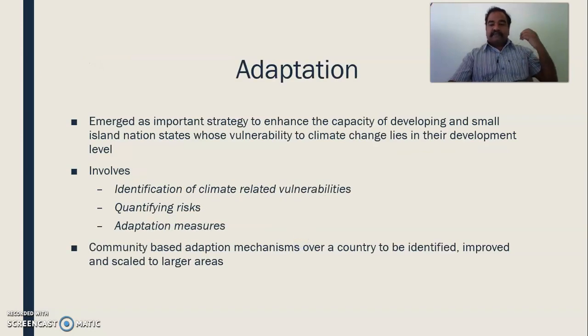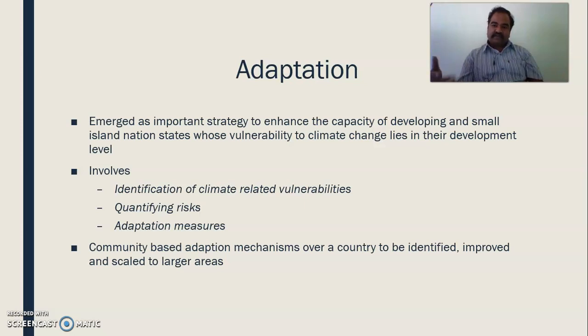And the adaptation process. See, you are supposed to adapt to these climatic changes, not only by yourself but also by your community, by the state, by the government, by the central government also, nationwide also.